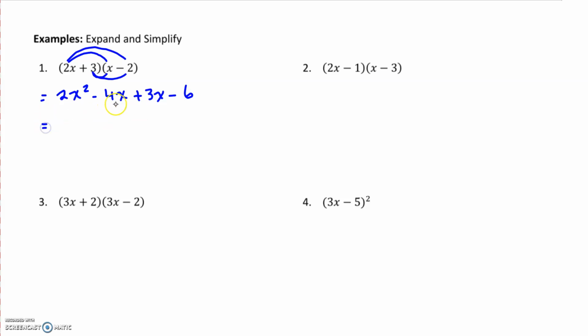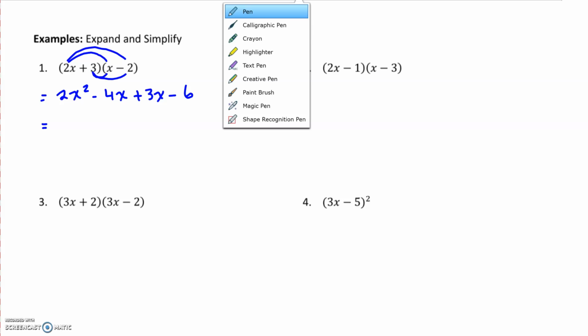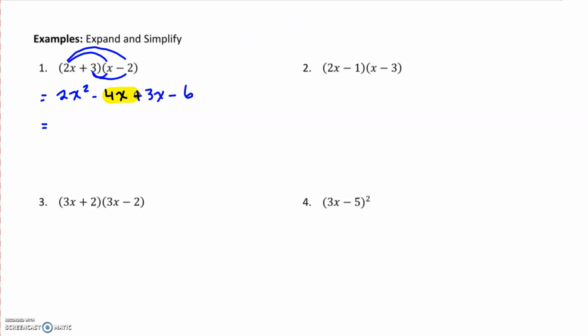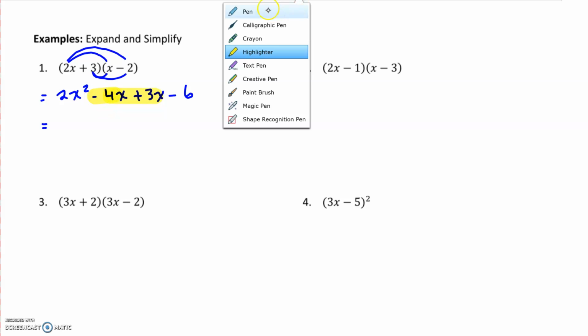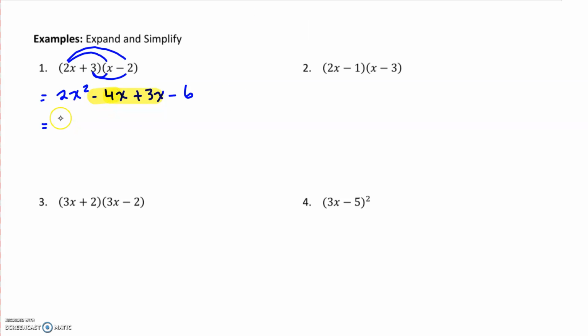And then the last step is we collect the like terms in the middle. Please remember that it is not 4x plus 3x, it's a negative 4x plus 3x. So keep that in mind. So we're going to have 2x squared minus 1x minus 6. And we don't have to write that 1 in front, we know it's there.